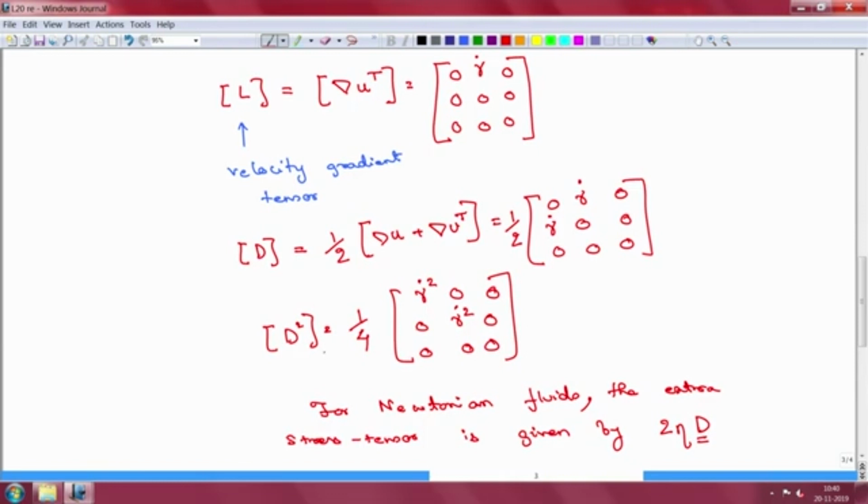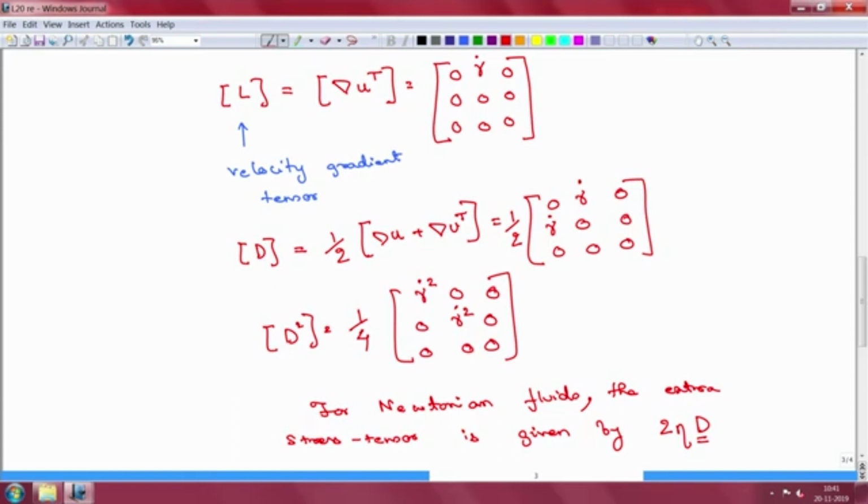Here you can look at the form of this matrix, and you see that all these normal terms are 0. So the normal stress terms for a simple shear flow for a Newtonian fluid are such that, when you calculate the total stress, the normal stresses will only be minus p, minus p, minus p. So all the normal stresses are actually equal in that case.